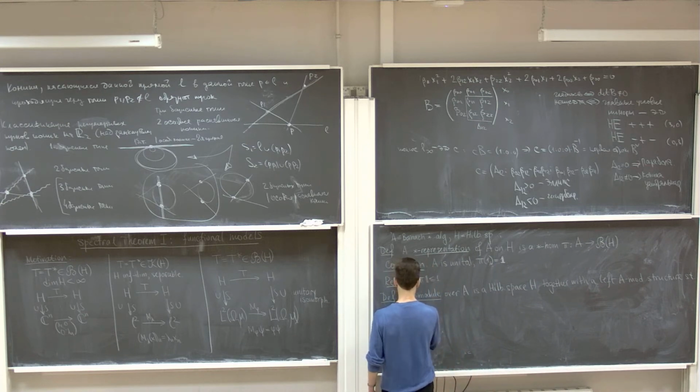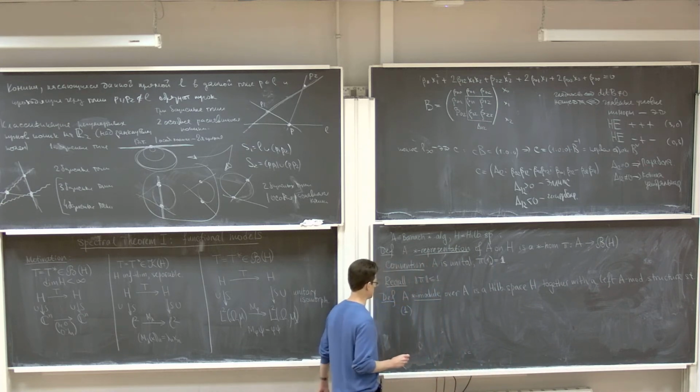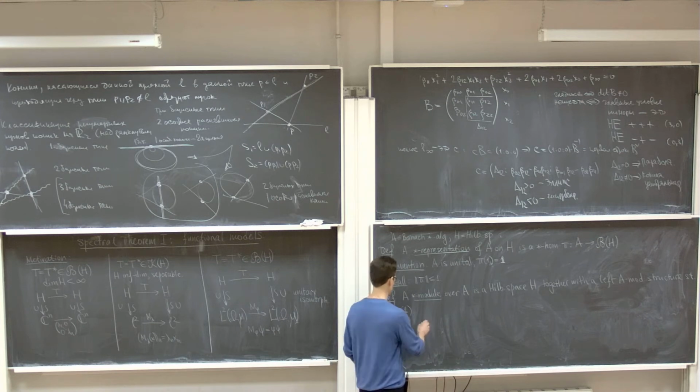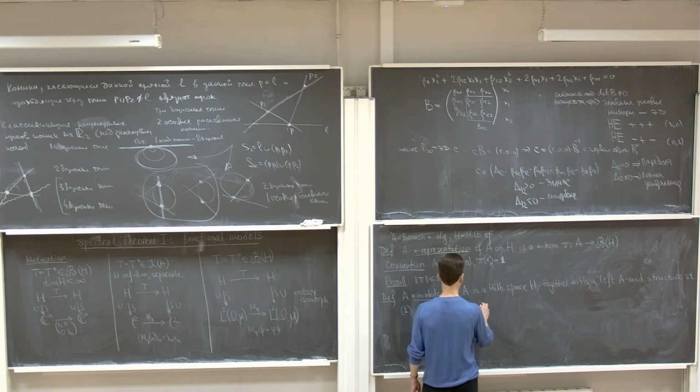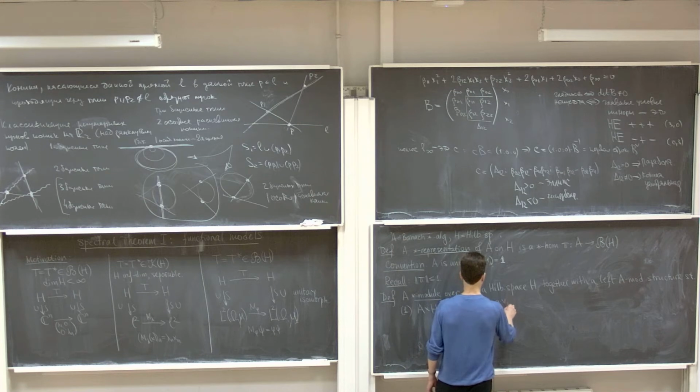First of all, we require that the action of A on H is continuous. This map, which takes each pair a and v to av, is continuous.